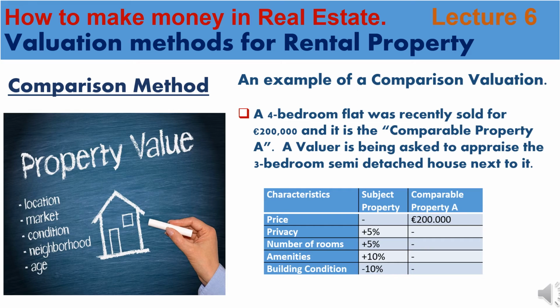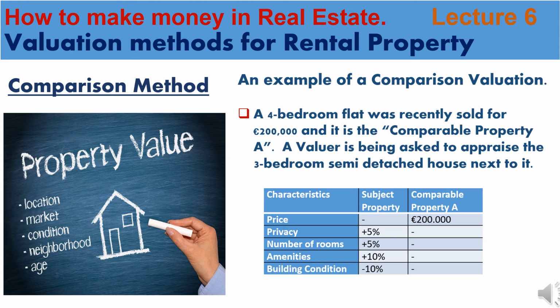In this case, we will determine the characteristics of the comparable property and compare them to the subject property to adjust the value of the comparable property to make it more like the subject property. Once this has been completed, the adjusted value of the comparable property should be approximately equal to the market value of the subject property. The table provides an example as to how this calculation is completed.